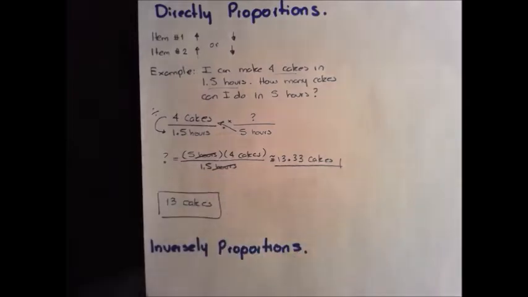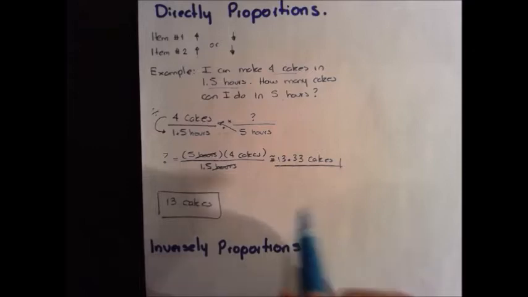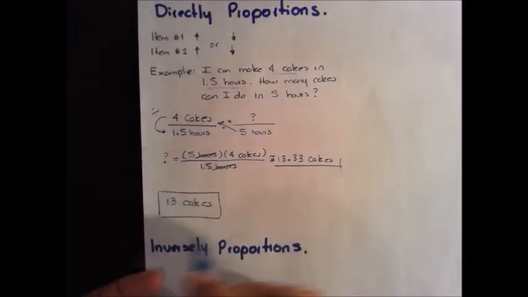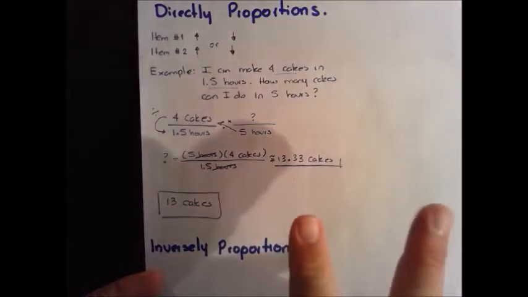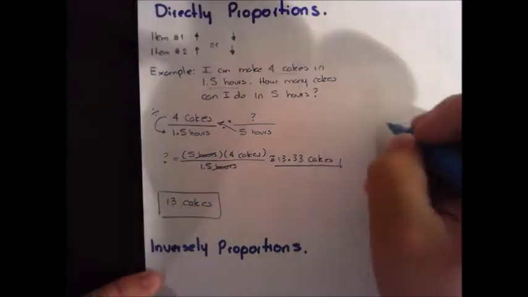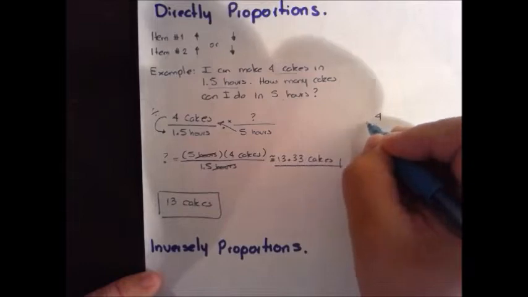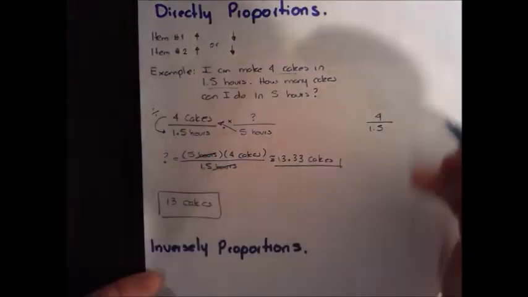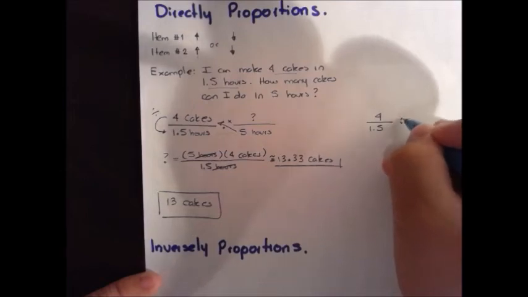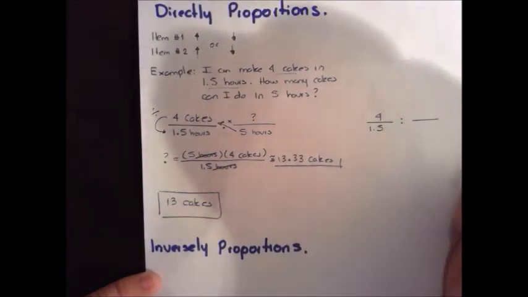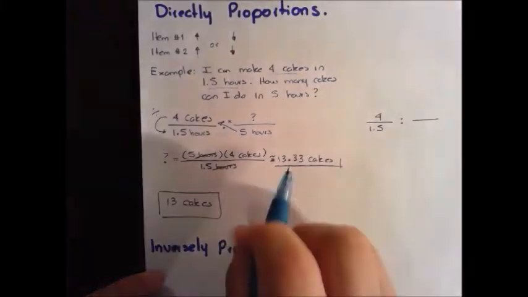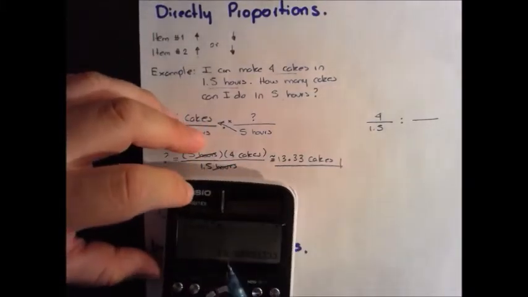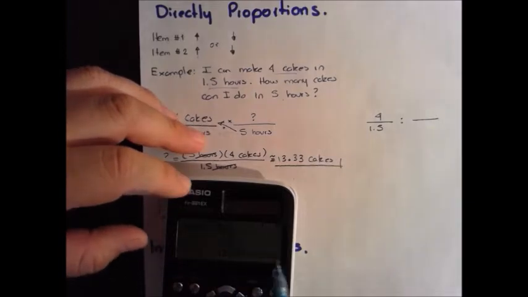Well, this is the answer, but mathematically I need to know if I'm right or not. So for that I'm going to look at the proportion between the ratios. Look at this. I'm going to use 4 over 1.5, the first one, and then it should be directly proportional with, in that case, I'm not going to write 13.33 because if I write this one I'm going to lose a lot of decimals.